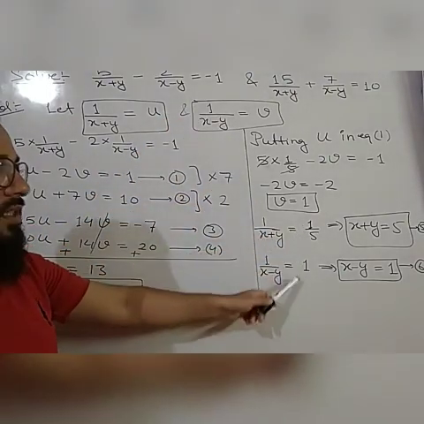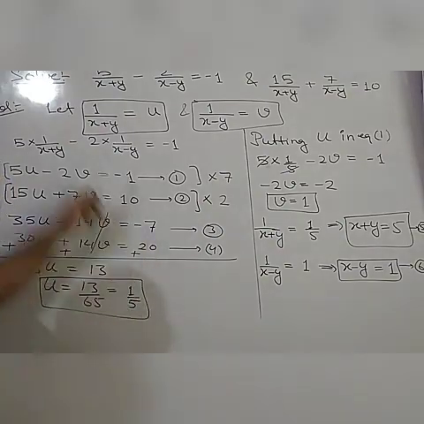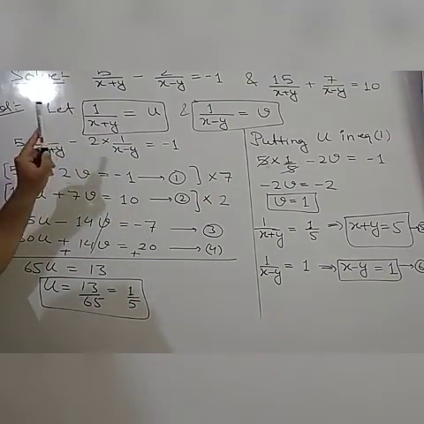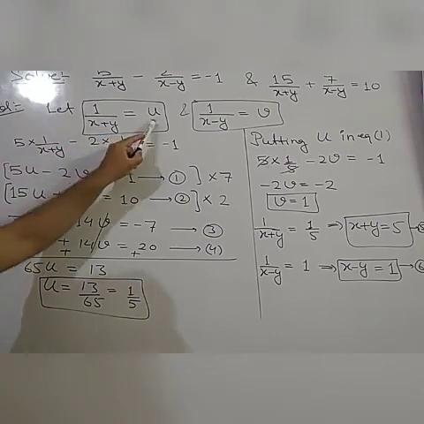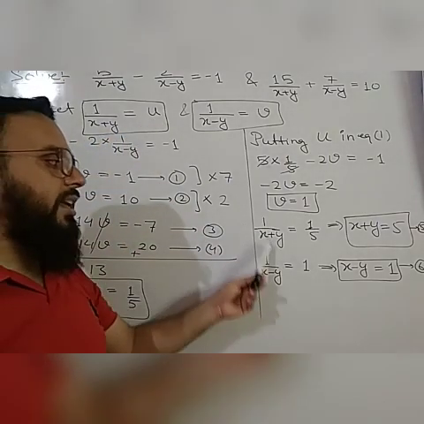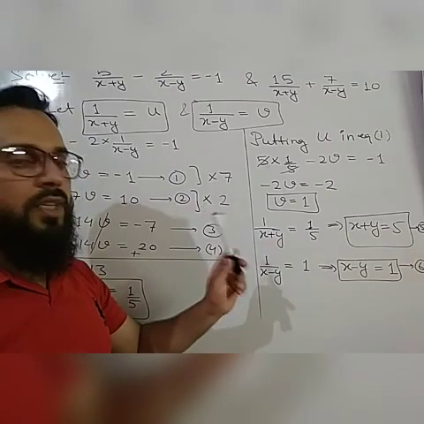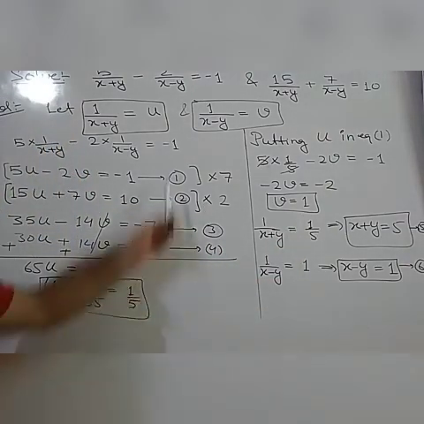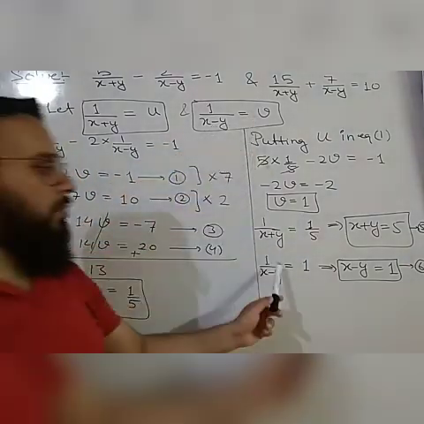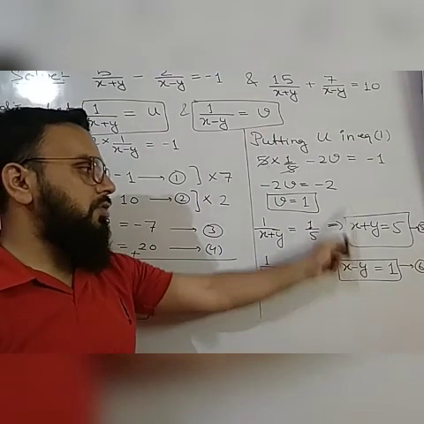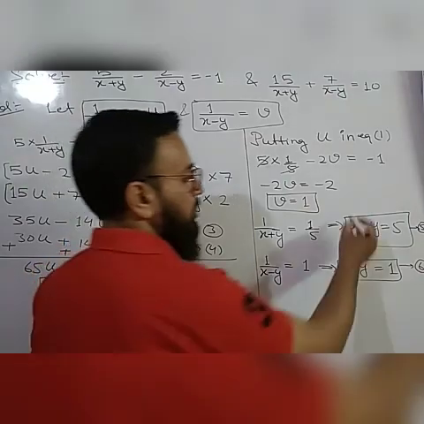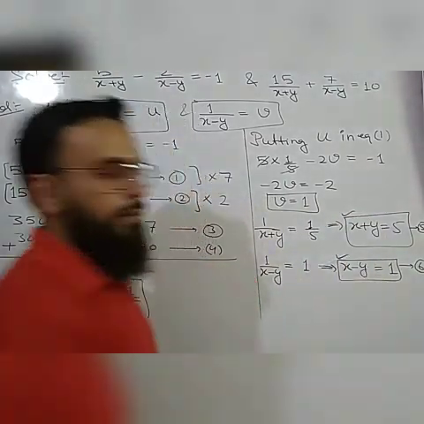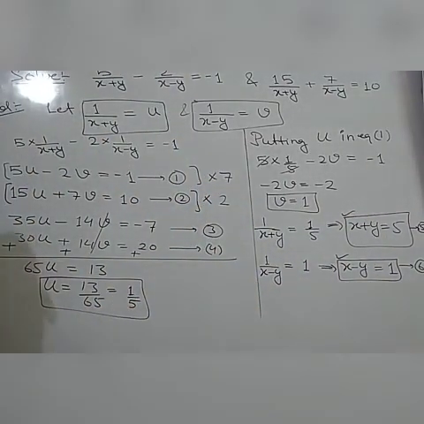So we have put these values of u and v in the equations where we considered u and v: 1 upon x plus y is equal to u, that is 1 upon 5, and 1 upon x minus y is equal to v, that is 1. So we got these two equations. Now we have to solve these two equations for finding the values of x and y. So first note it up to here.